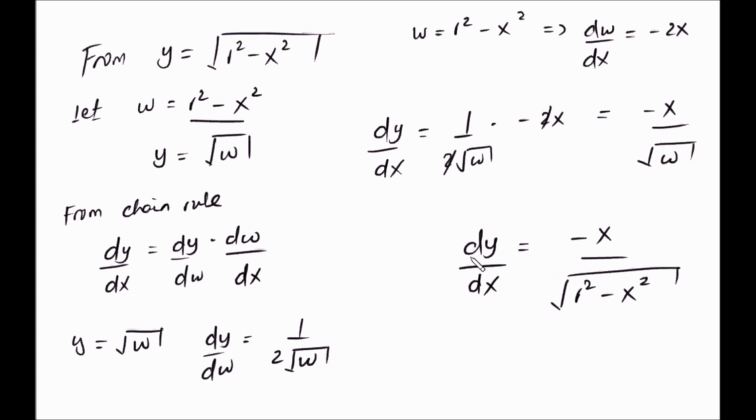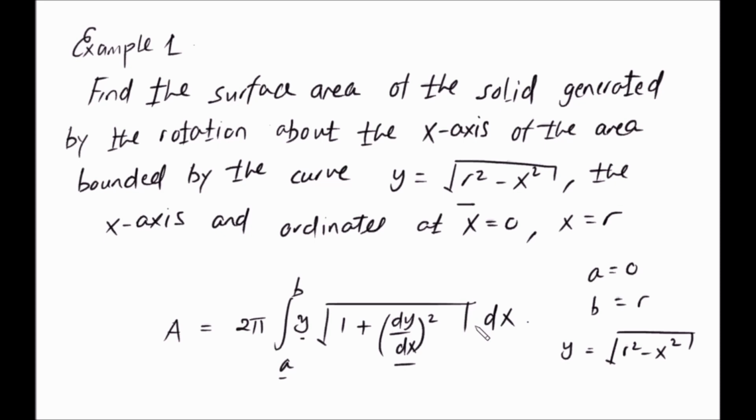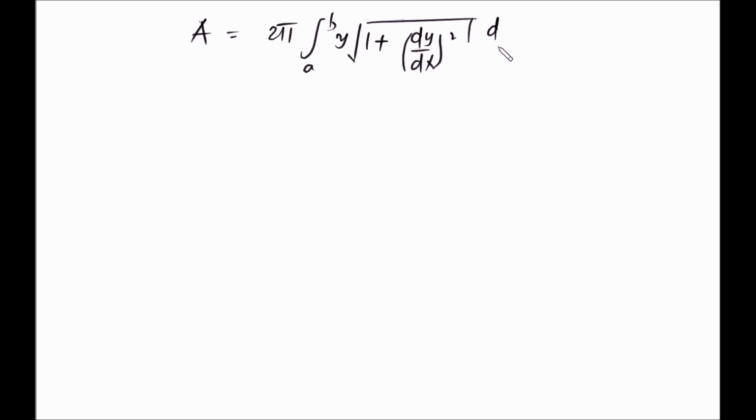Now we have dy dx, this one, we have y is here, we have a and we have b. So naweza tukaviingiza vyote kwenye hii formula and solve. Kwa hiyo sasa I'm going to write the formula again. A tunasema ni 2 pi integrate from a to b y times the square root of 1 plus dy dx squared with respect to x.